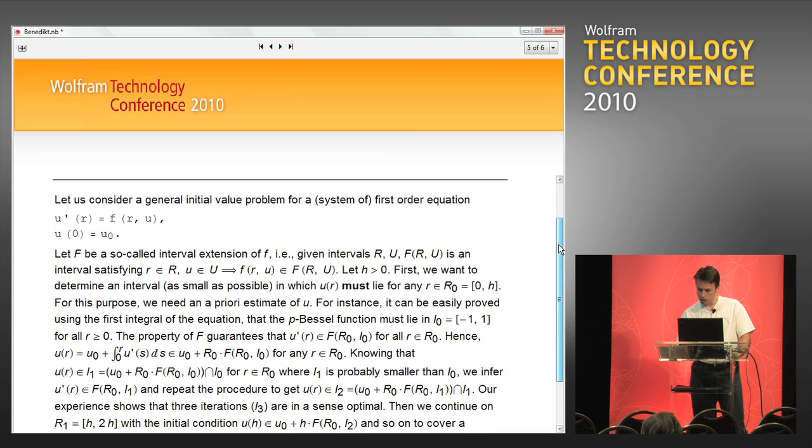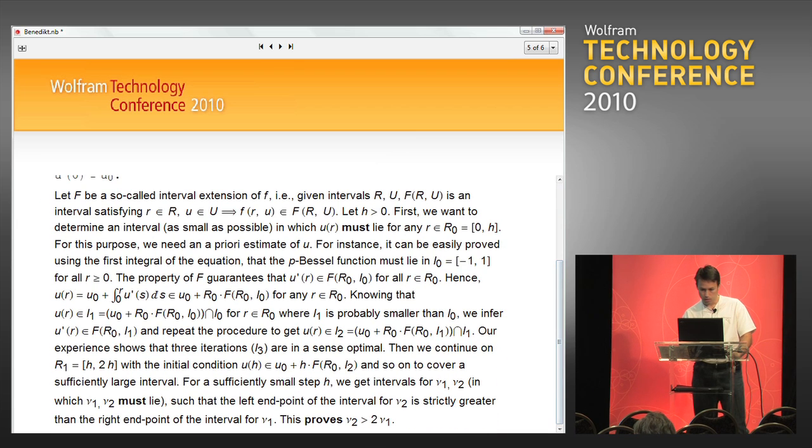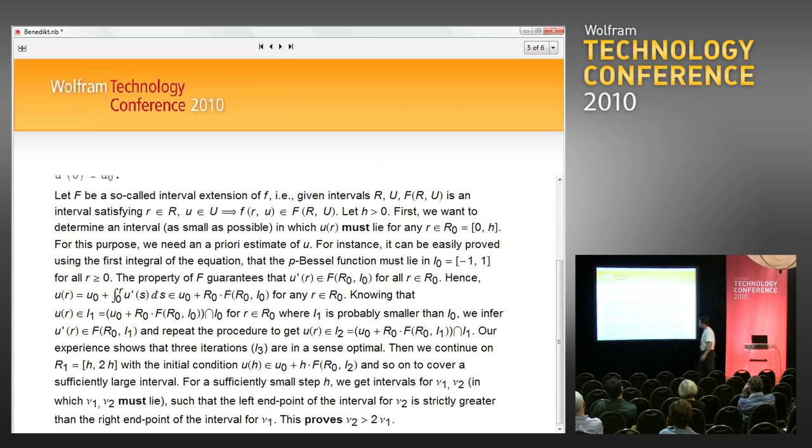I will explain it on a general first-order initial value problem. U may be a real function or a vector-valued function. Our problem is a second-order problem, so it can be rewritten as a system of two first-order equations. At the right-hand side, we have a general function f, which depends on the independent variable and also on the solution.